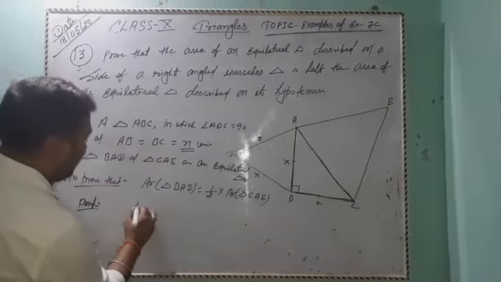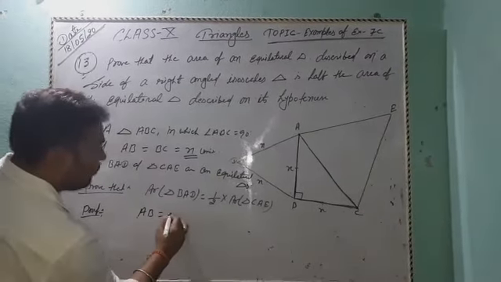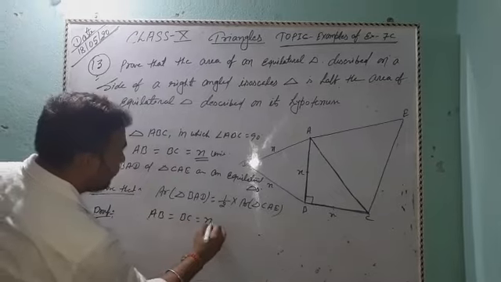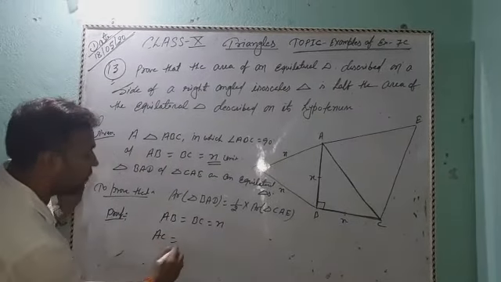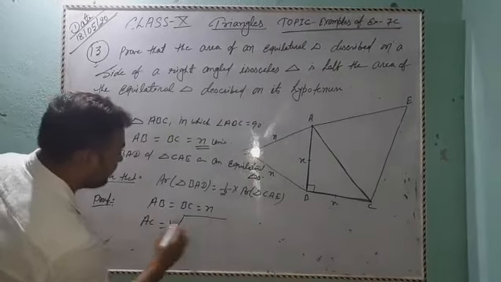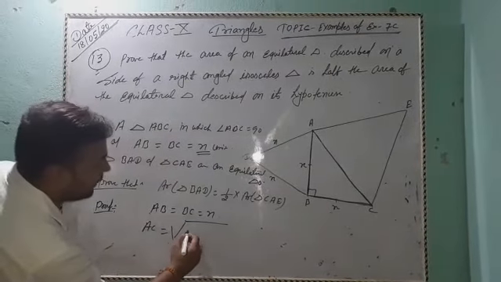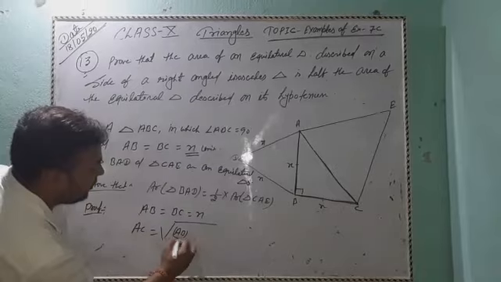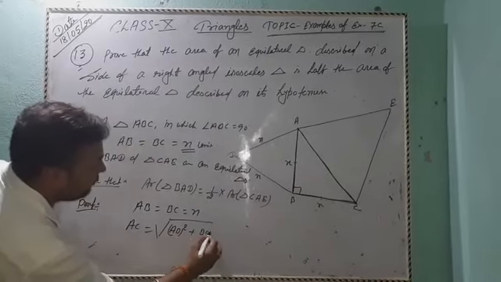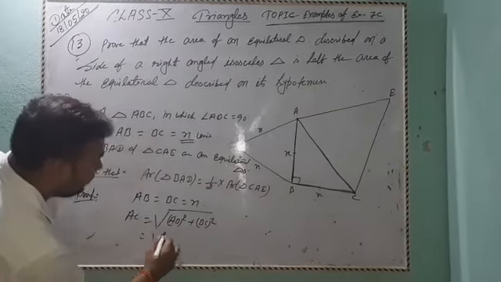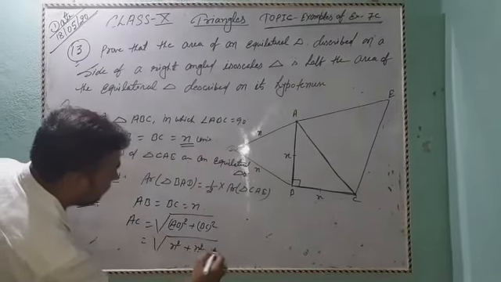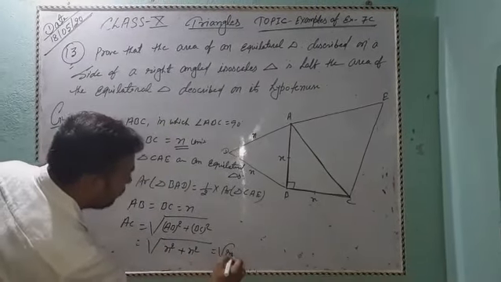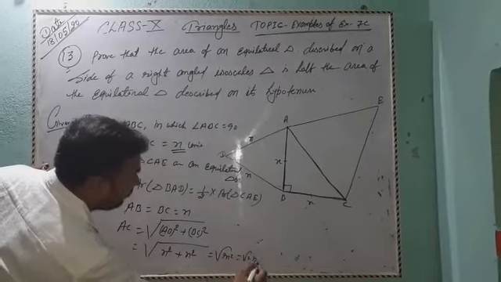Since AB equals BC equals x, find AC. AC equals root under AB square plus BC square, equals x square plus x square, equals 2x square, so root 2x.